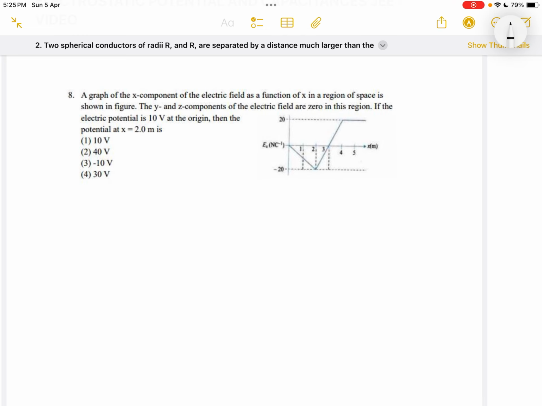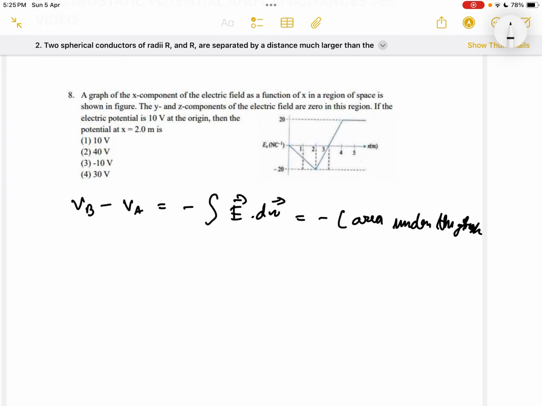Let's figure out. Now we have the definition of electric potential in terms of electric field, which is VB minus VA is negative of integral E dot dx, right? Which is basically the negative of the area under the graph. So VB minus 10 would be equal to half into 2 into minus 20, which is equal to 20.